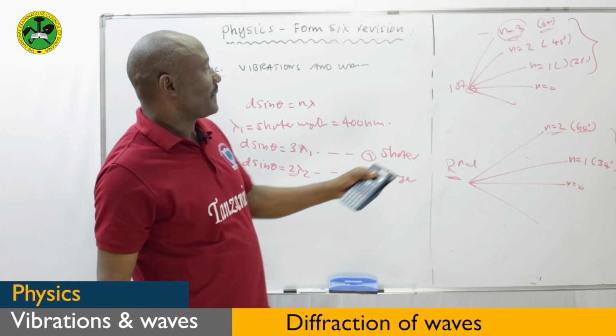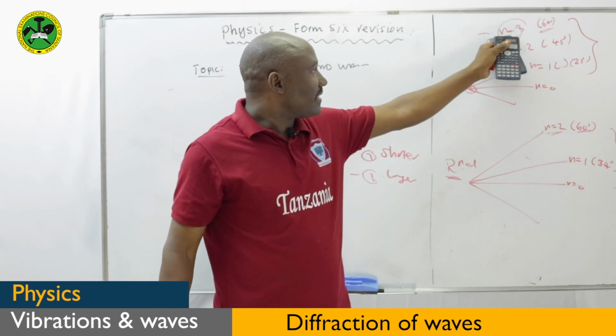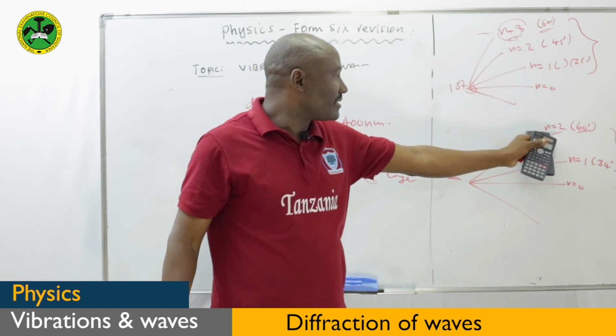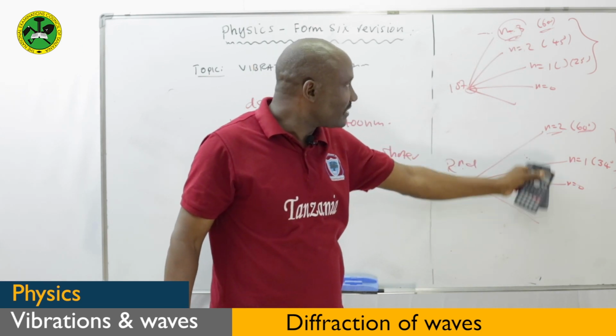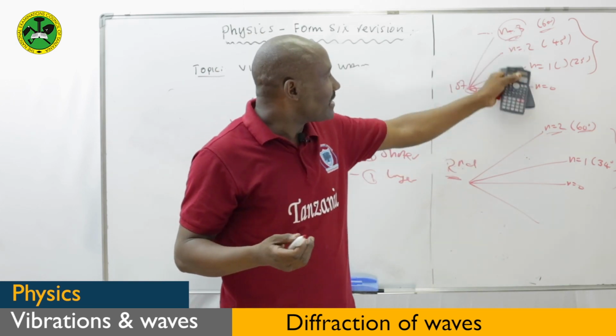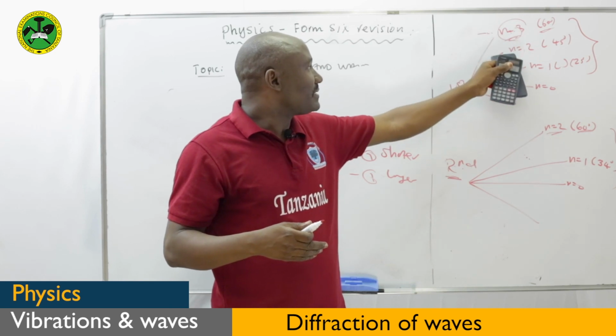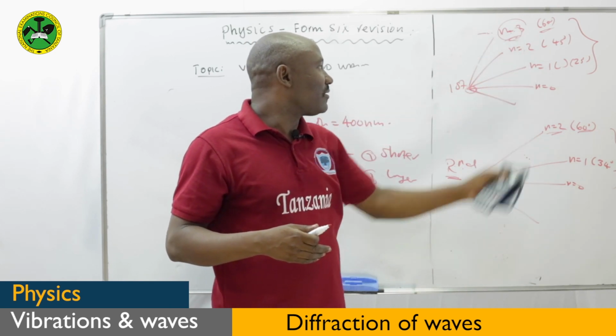I said before, when the third image is coinciding with the second image, these are two images from the central, these are three images. Automatically you know that the one which has not a lot of images formed must be of the longer wavelength, and the one with more images must be of the shorter wavelength.